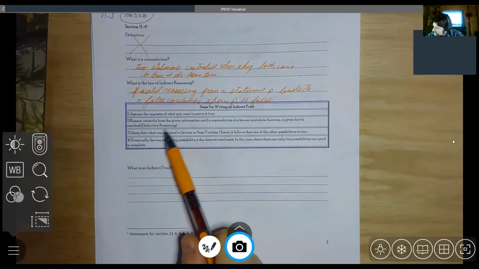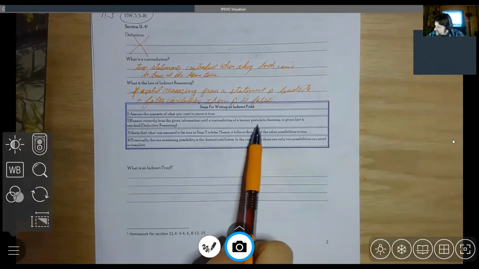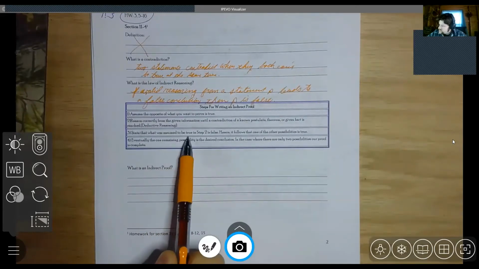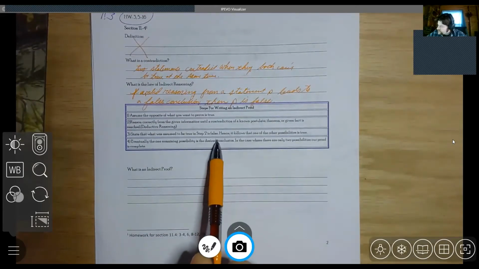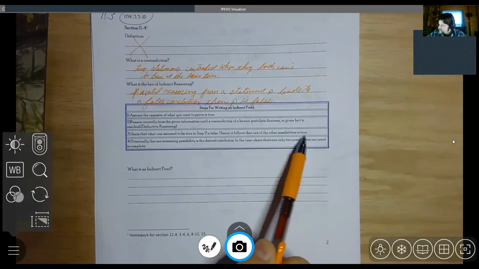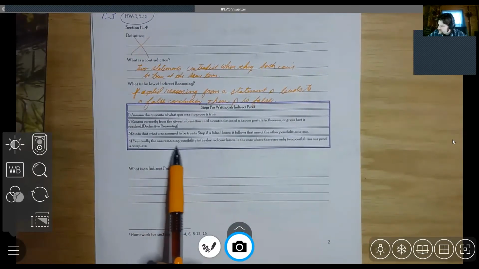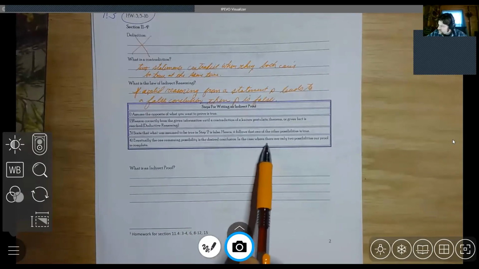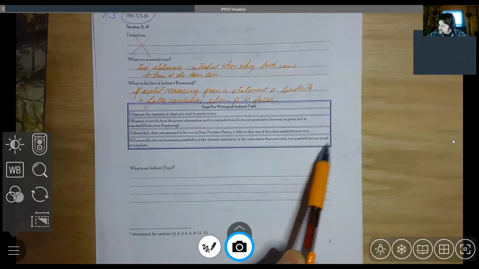Reason correctly from the given information until a contradiction of a known postulate, theorem, or given fact is reached. Three, state that what was assumed to be true in step two is false. Hence, it follows that one of the other possibilities is true. And four, eventually the one remaining possibility is the desired conclusion. In the case where there are only two possibilities, our proof is complete.